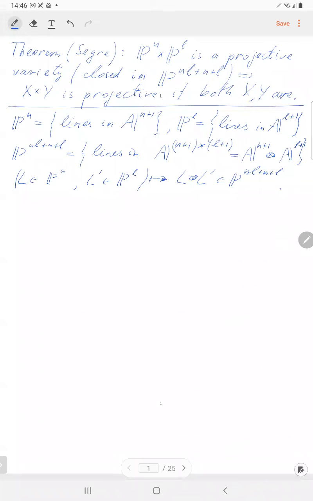So we'll write it down in coordinates, namely in homogeneous coordinates. Say x0 and so on, xn. So these are coordinates on Pn, and then y0 and so on, yl.